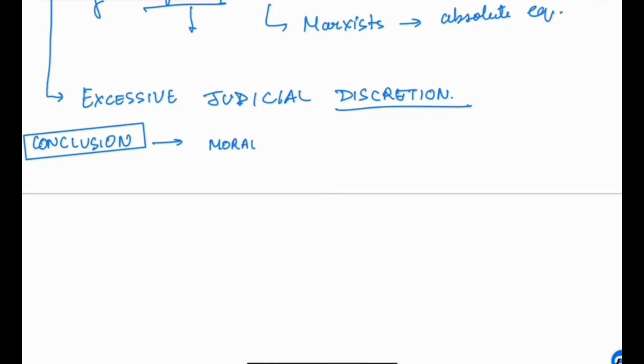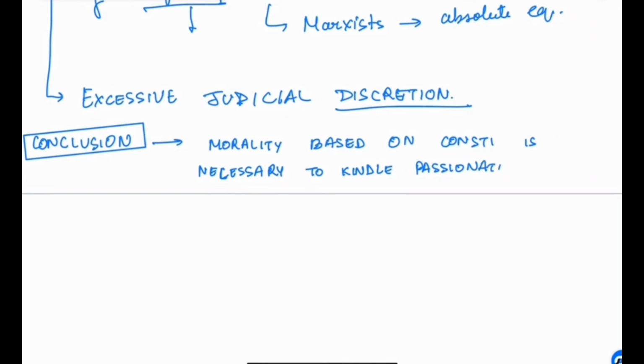Morality based on constitution is necessary to kindle passionate attachment of citizens and prevent despotism.